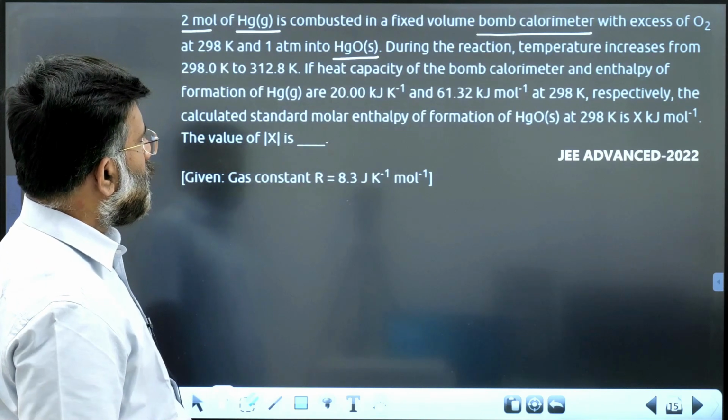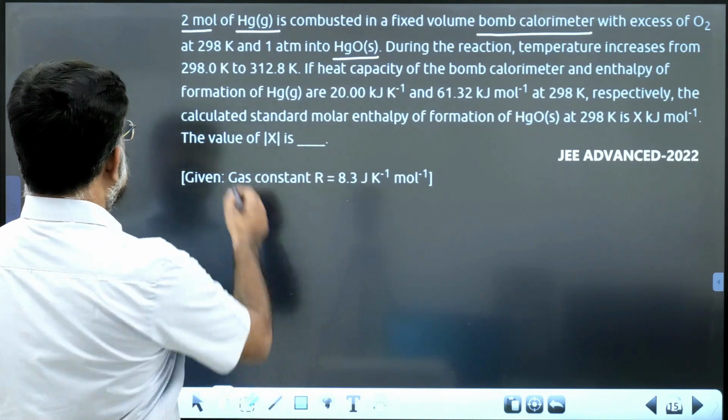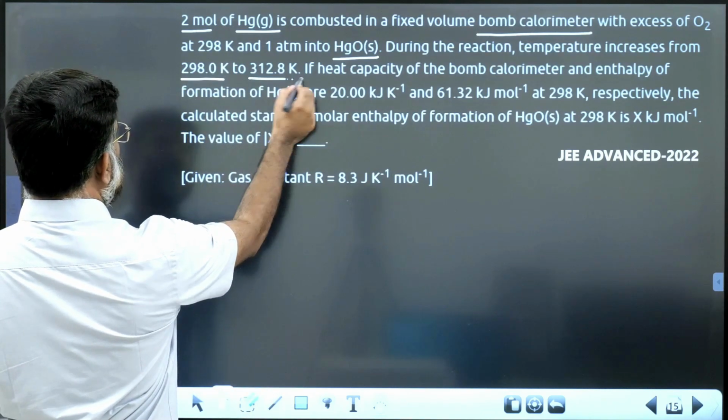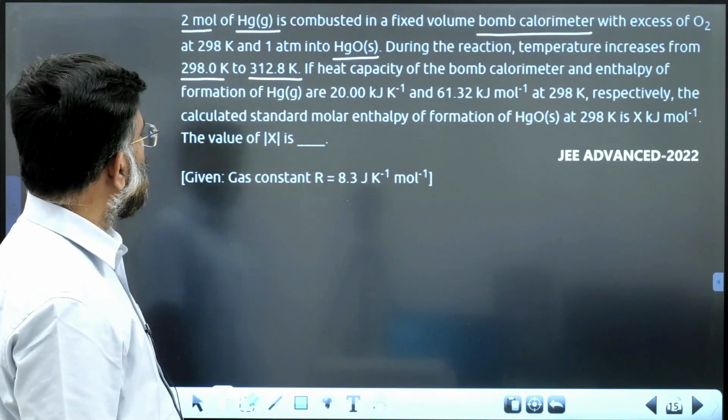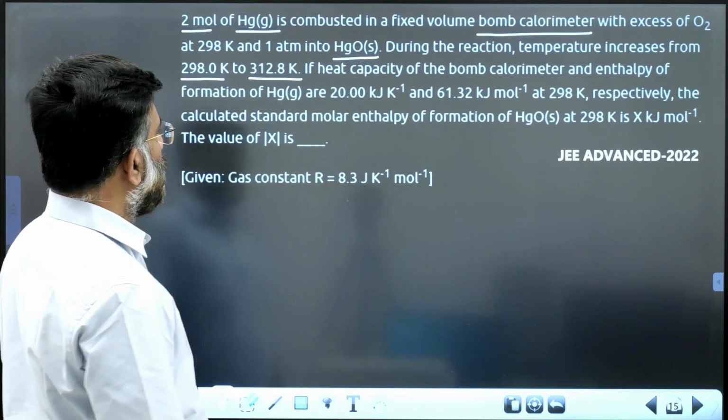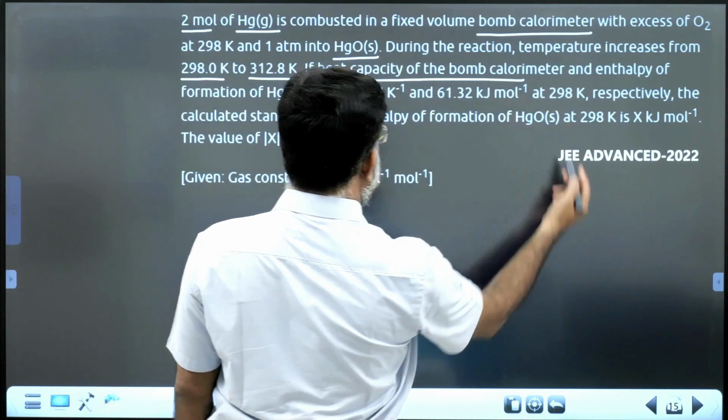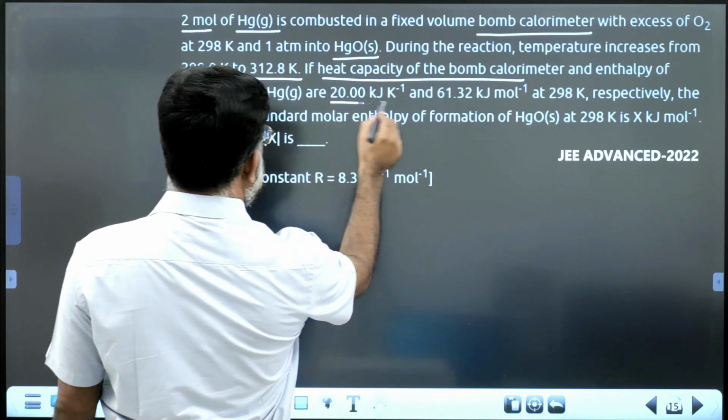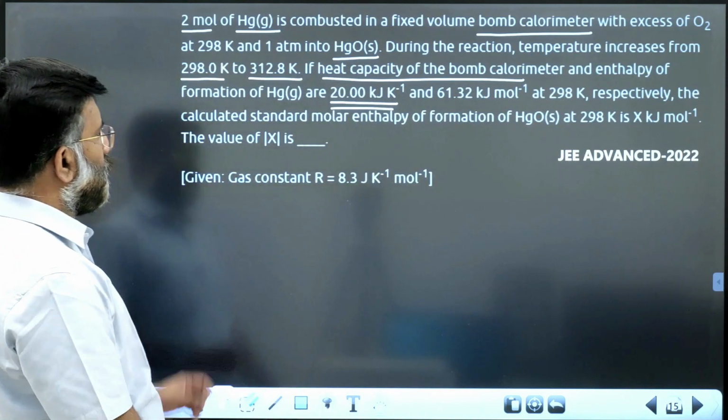During the reaction, temperature increases from 298 to 312 Kelvin. Heat capacity of the bomb calorimeter is 20 kilojoule per Kelvin.